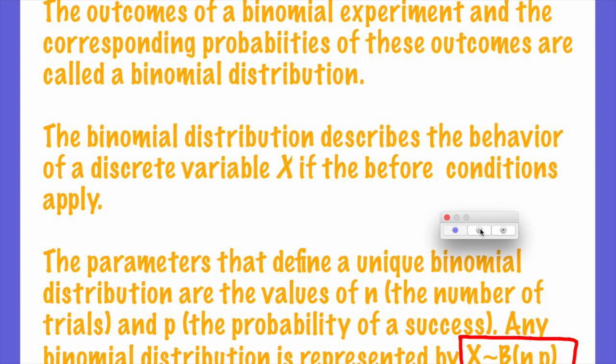In that red box, that's the notation for a binomial distribution. Sometimes the problem is a word problem, so you have to determine whether it is a binomial distribution or a normal distribution, which we'll talk about on Wednesday. Or you might be given that notation, and you have to know that B represents binomial distribution.